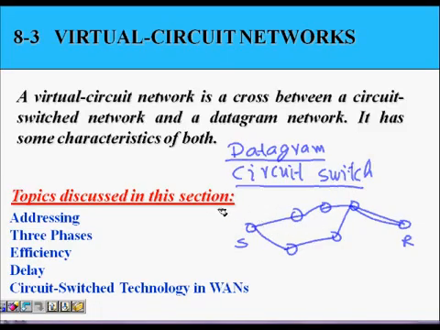But in a circuit switched network, it's like a telephone network. When you are talking, first you make a call setup and then you reserve resources. It means I'm reserving this particular path and I have guaranteed bandwidth for my telephone call. That is circuit switching. Both of them have their benefits and disadvantages.